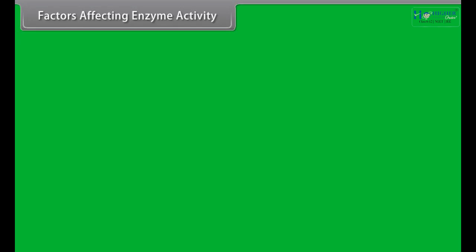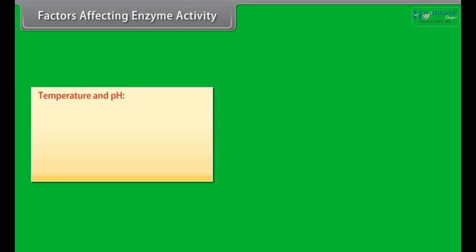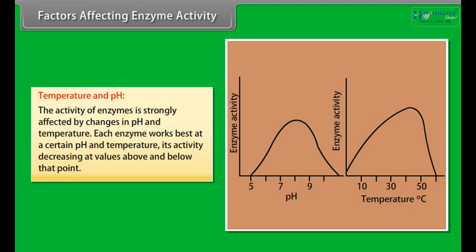Factors affecting enzyme activity. Temperature and pH. The activity of enzymes is strongly affected by changes in pH and temperature. Each enzyme works best at a certain pH and temperature. Its activity decreases at values above and below that point.